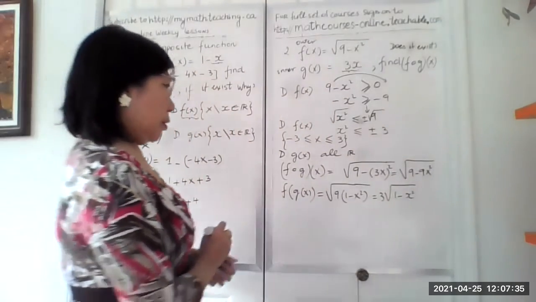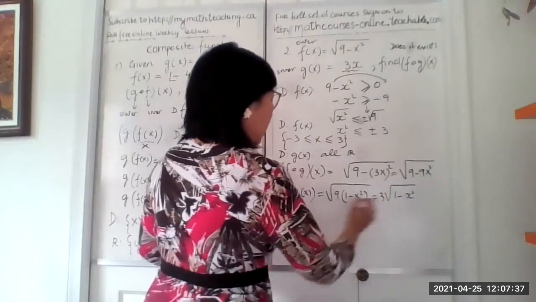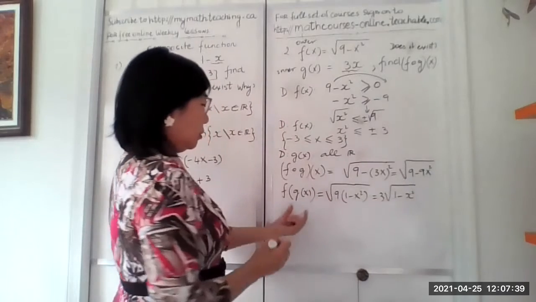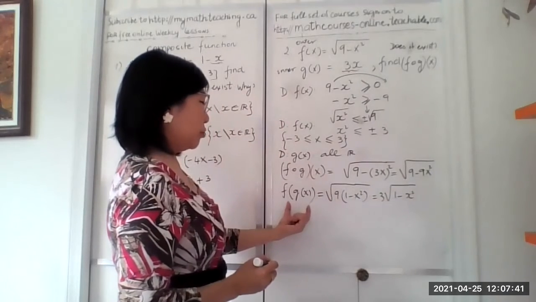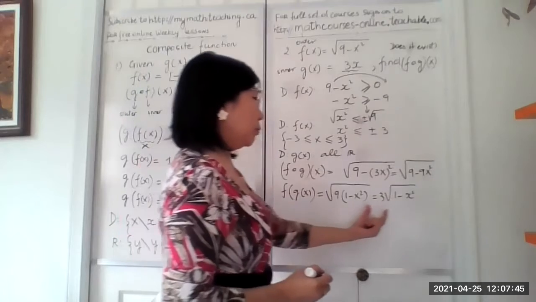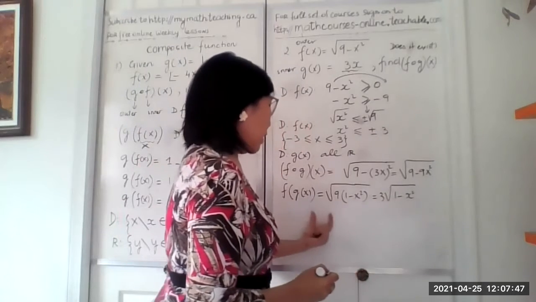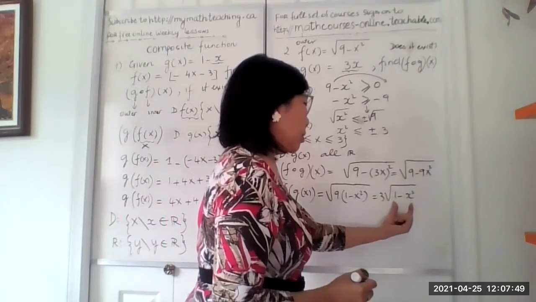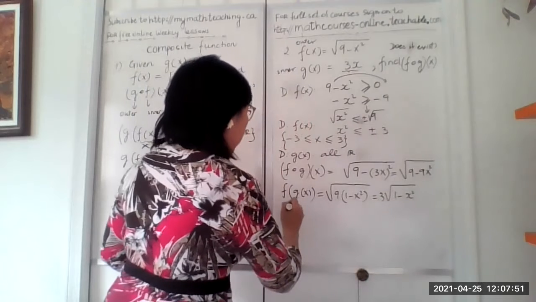So this is the composite function f of g of x. Now, at this point, we have to find the domain of the new composite function.